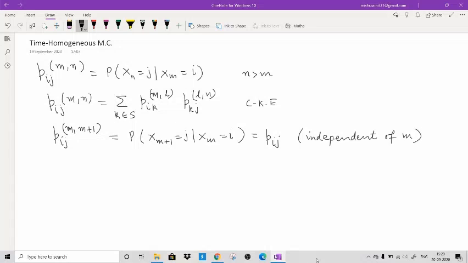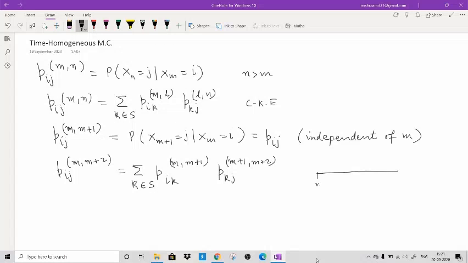And if it is a time homogeneous Markov chain, then what happens if, for example, we find the two step transition probability P_ij(m, m+2)? By the Chapman-Kolmogorov equation, this is the summation over k belonging to S of P_ik(m, m+1) P_kj(m+1, m+2).